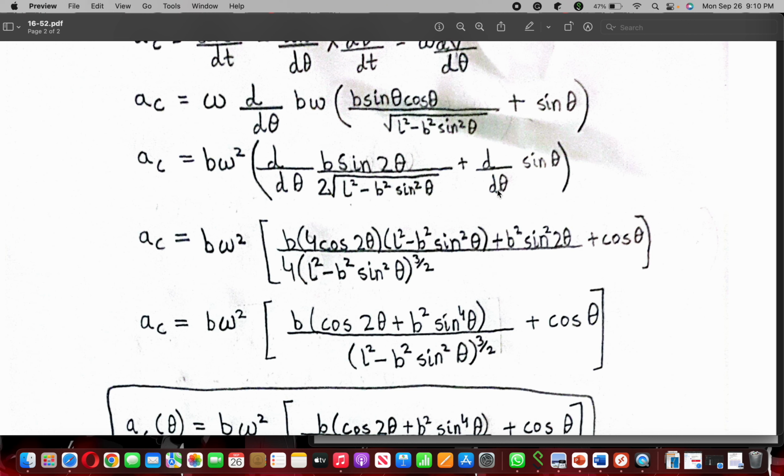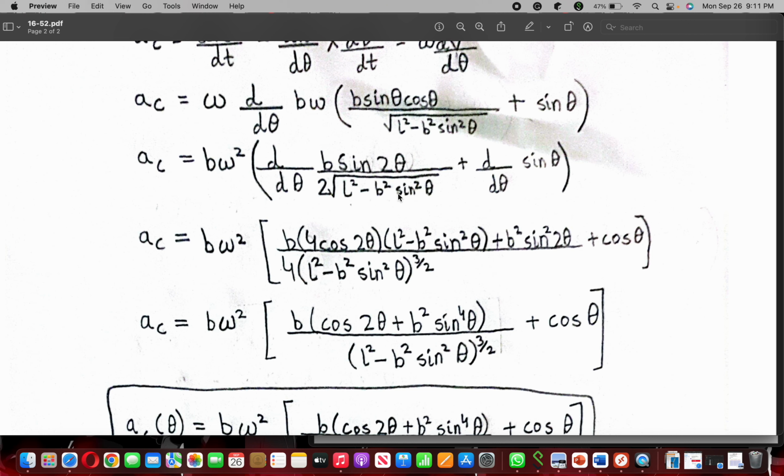So d over d theta of sin theta is simple, as the differentiation of sin theta is cos theta. But over here it is in the form of a fraction, so we have to use the quotient rule. In the quotient rule, the bottom part is considered as v and the upper part as u.